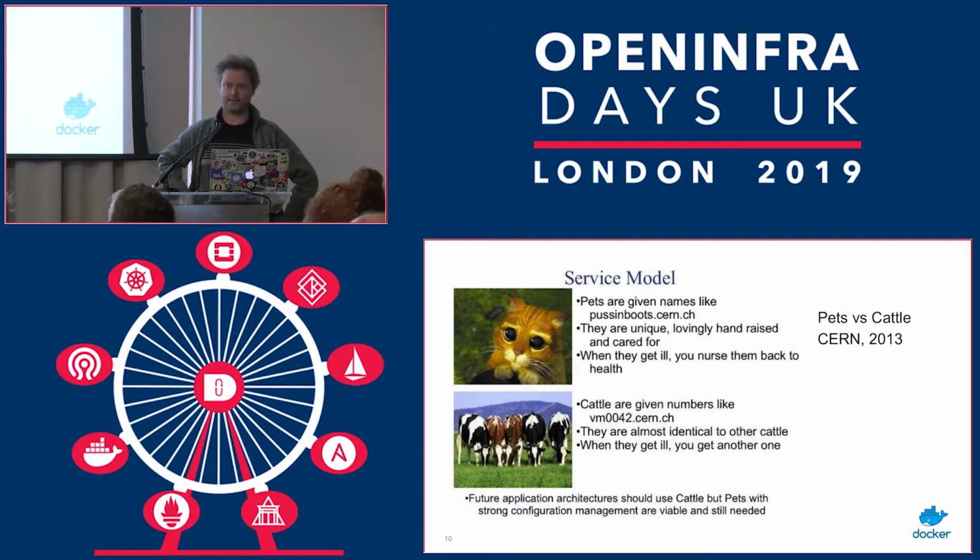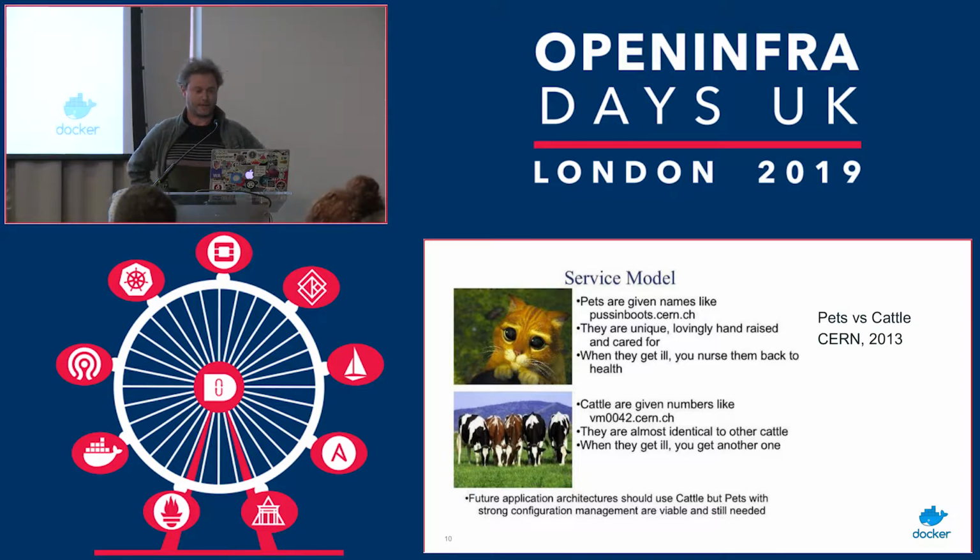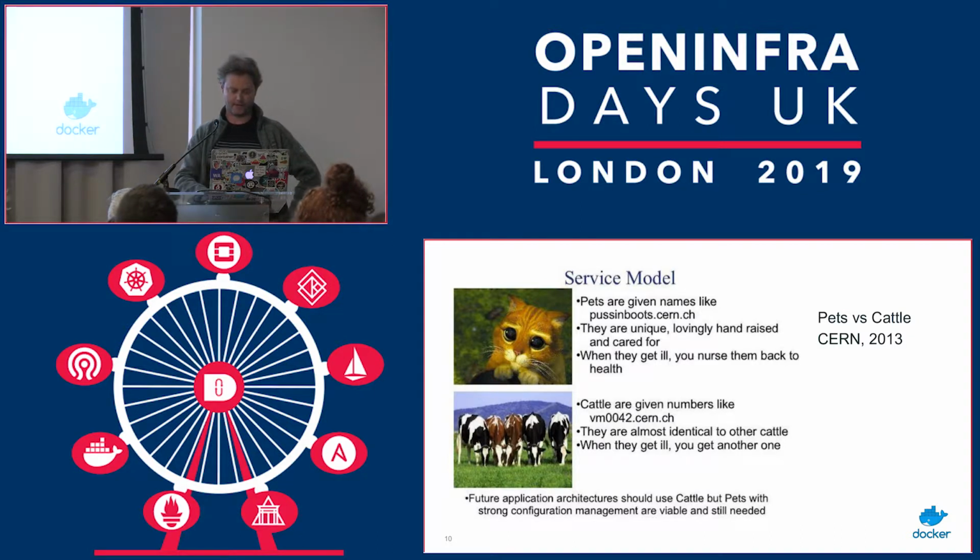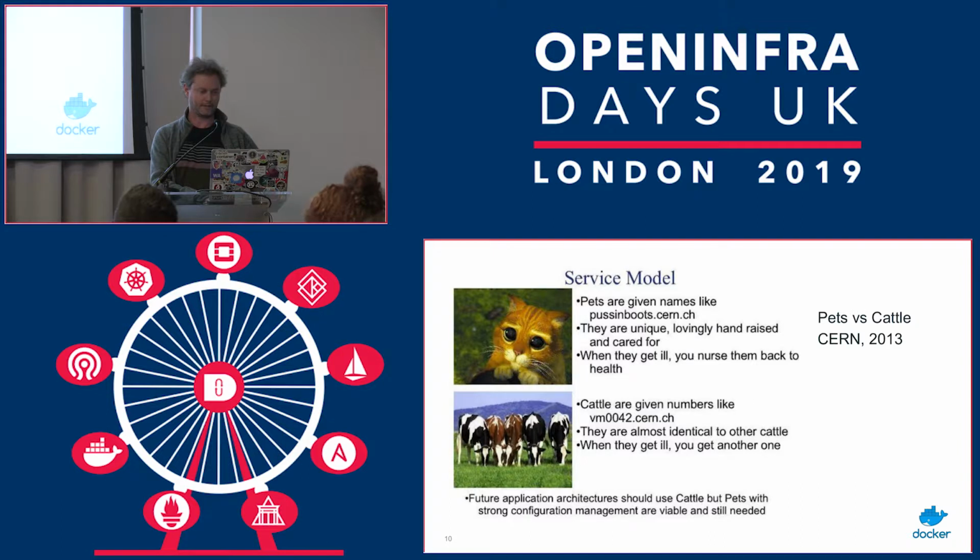But cattle were these identical machines that you started to scale out, and this came to this idea of cloud native that we have now, of rolling things out at scale, having machines in bulk, scaling out services, and those ideas that we're starting to take for granted now. But 2013 was when this started to become talked about.